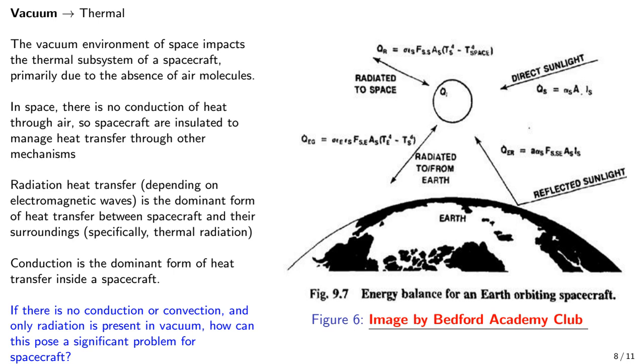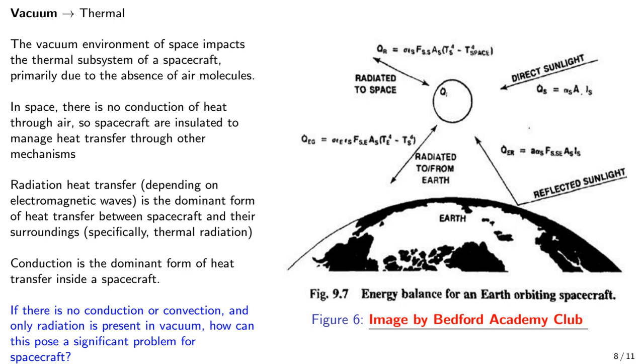So basically in space, since you don't have conduction of heat through here, your spacecraft are insulated to manage heat transfer through other mechanisms. Like you guys have mentioned, you have two important mechanisms. One is the radiation heat transfer, the other one is conduction.